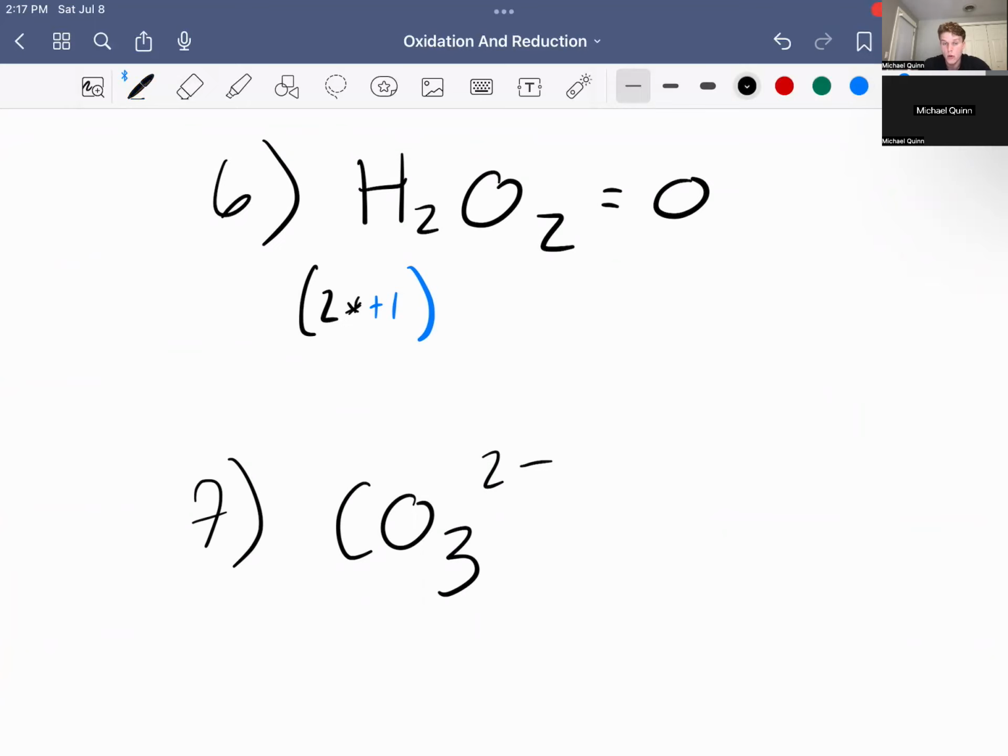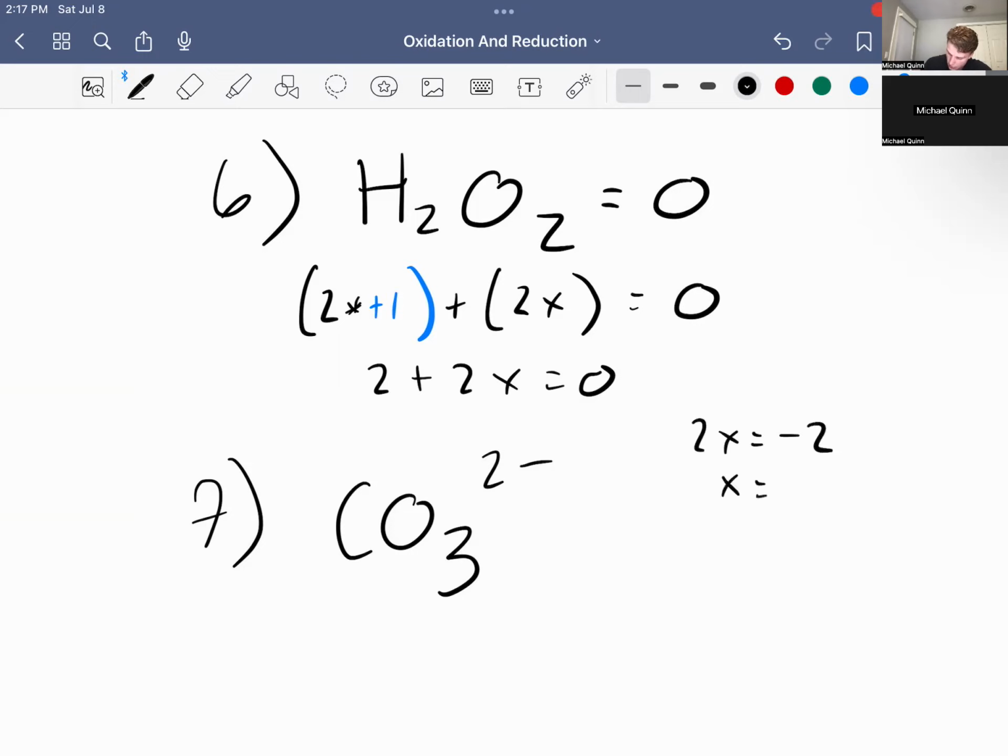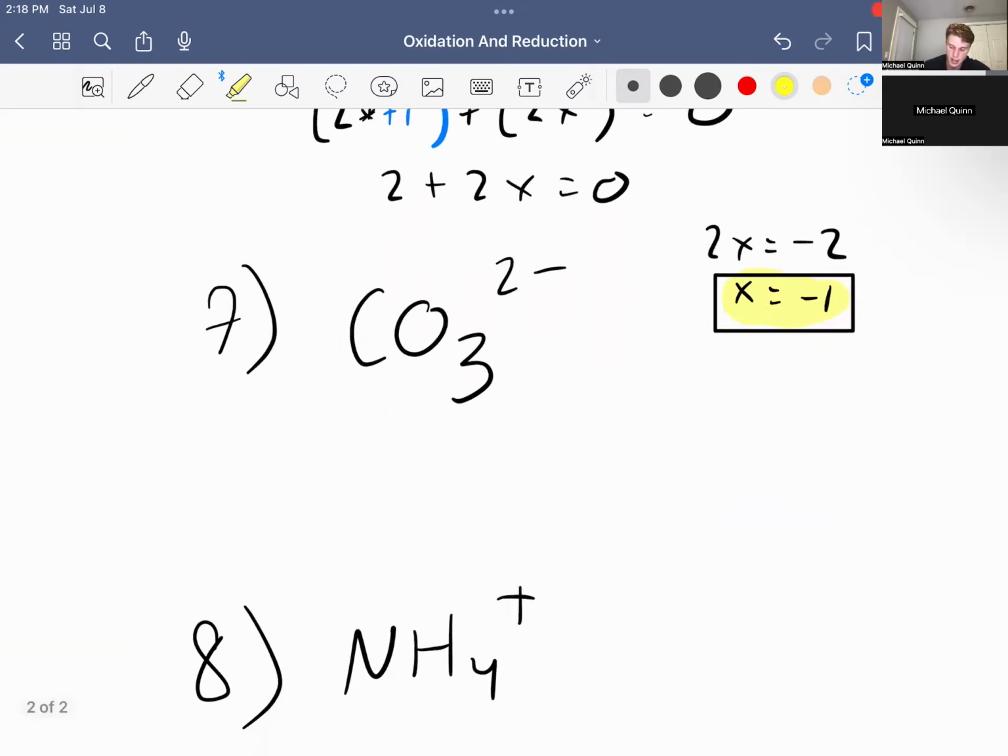We do not know the oxidation state for oxygen, so we will say plus 2x equals 0. So we can solve this: 2 plus 2x equals 0, 2x equals minus 2, x equals minus 1. So each oxygen will have an oxidation state of minus 1. Remember, there are two of them. Each one will have a minus 1 oxidation state.